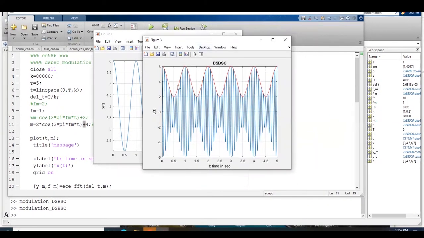So this is what it looks like here. You can see this is a 2 here, and this is 6. You can see the carrier waveform follows the shape of the message here. So therefore, you can see this is AM modulation. This is a positive part, and this is a negative part.